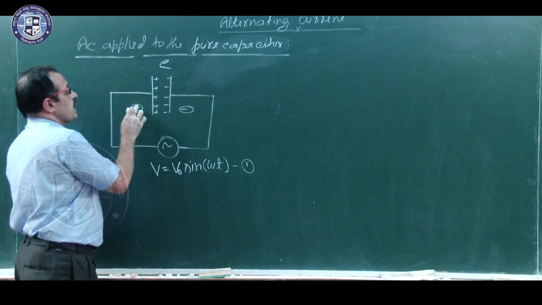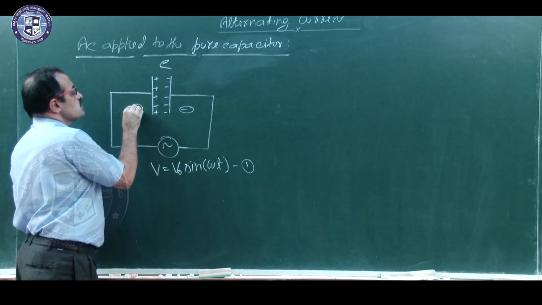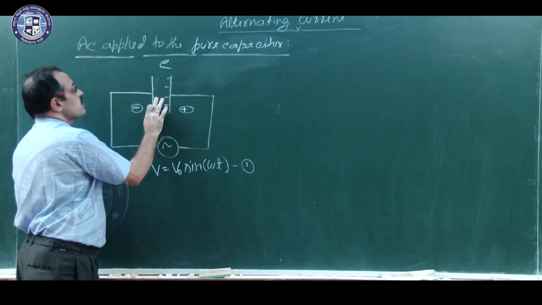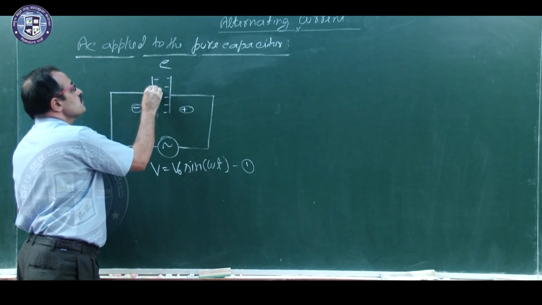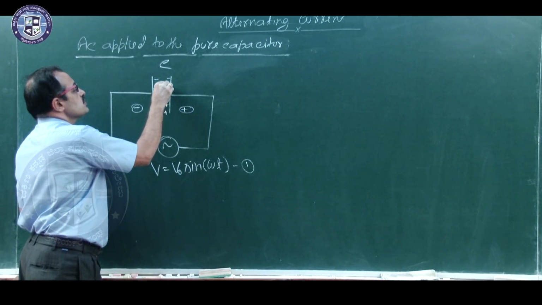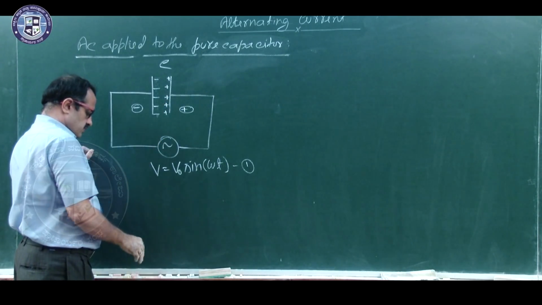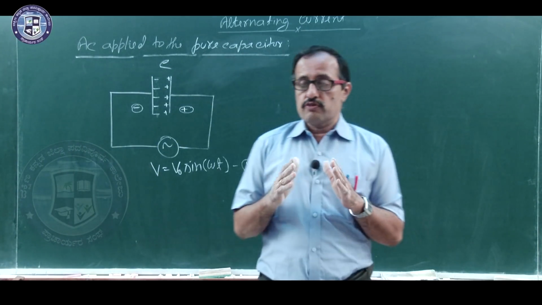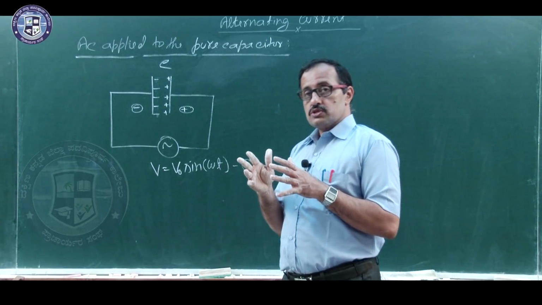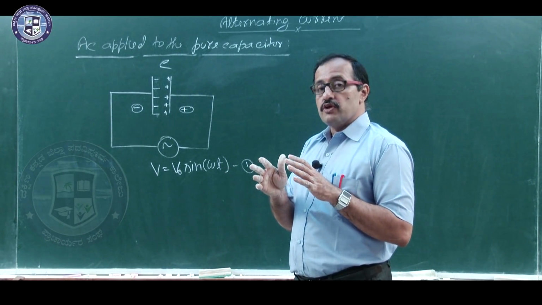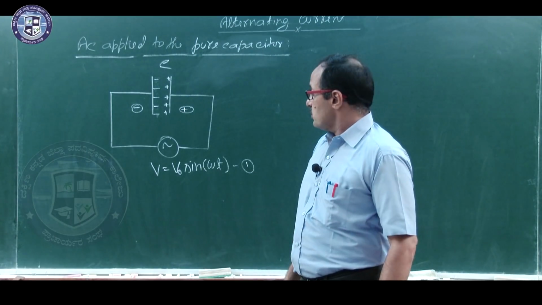After some time this becomes negative, this becomes positive. Then the first plate acquires negative charge and this plate acquires positive charge. It is very clear: as voltage changes, the amount of charge in the capacitor changes. Not only the amount of charge changes, its polarity also changes.